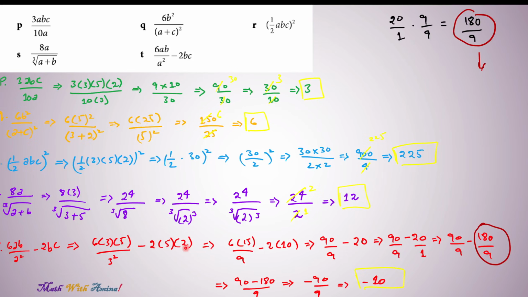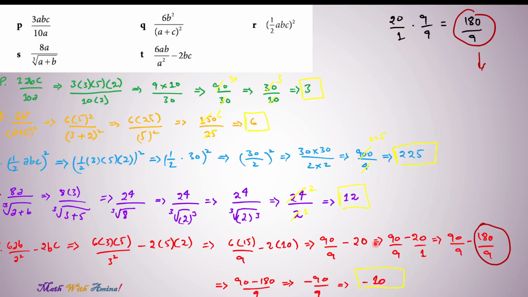So now doing the multiplication first, 3 multiplied by 5 is equal to 15. 6 multiplied by 15 would become 90 over 3 squared, which becomes 9, so 90 over 9. In here we have 2 into 5 multiplied by 2, so 5 multiplied by 2 is equal to 10, and 2 multiplied by 10 is equal to 20. So the expression after doing the multiplication becomes 90 over 9 minus 20.